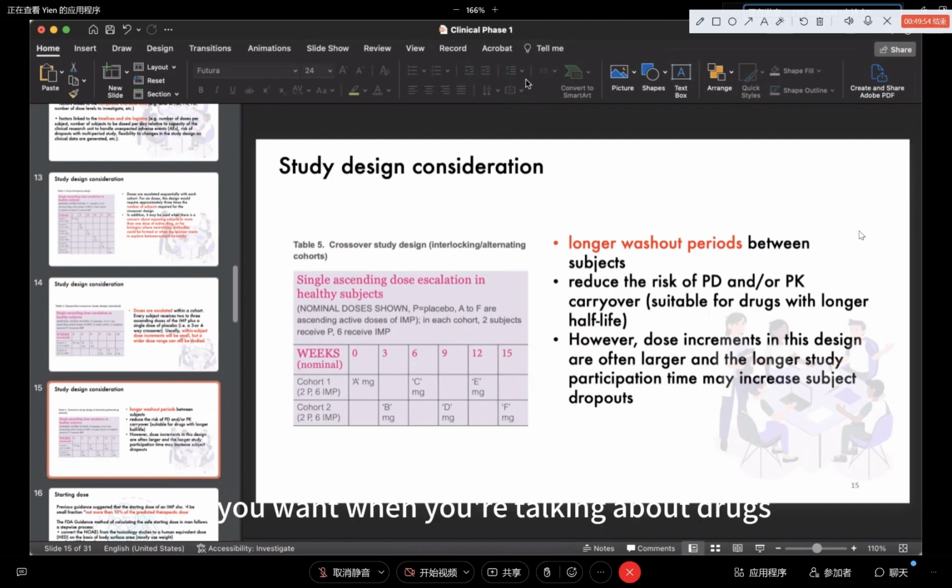When you're talking about drugs, if you're treating a chronic disease, of course you want the drugs to stay as long as possible in the body so that it has more time to treat the disease. But if it's an acute disease, it comes up very quickly and goes away very quickly. You also want a drug that doesn't stay too long in the body.